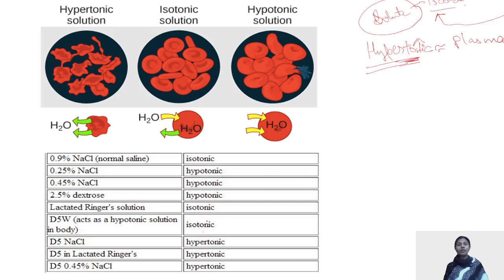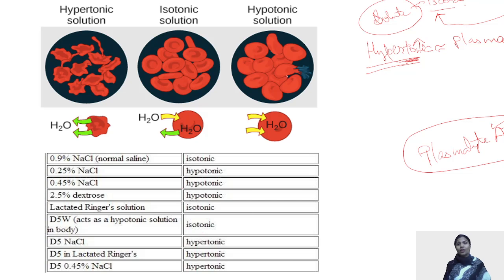They are least preferred. Then we have isotonic solutions. Isotonic are your RL solutions or the recently introduced Plasma-Lyte A. These days, questions on Plasma-Lyte A are increasing because of its safer profile than Ringer's lactate. They are isotonic fluids.